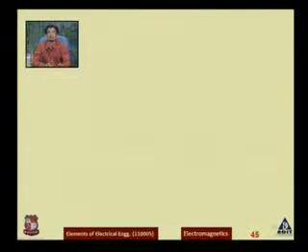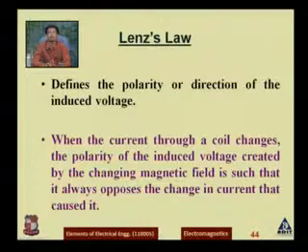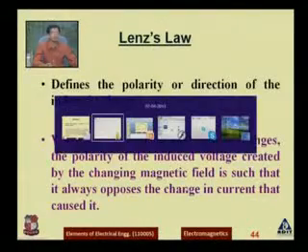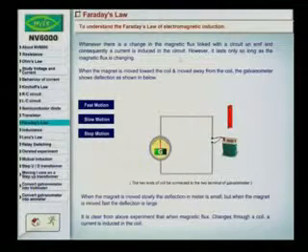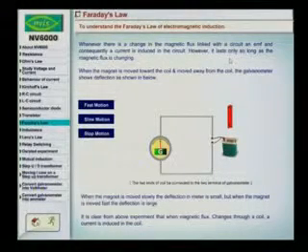Before starting the example, first we will see one demonstration of Lenz's law and Faraday's law. Faraday's law states that whenever there is a change in the magnetic flux linked with the circuit, an EMF is induced and it will induce a current. However, it lasts only so long as the magnetic flux is changing.